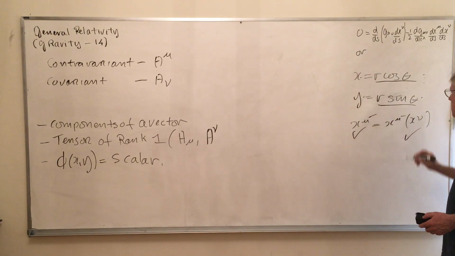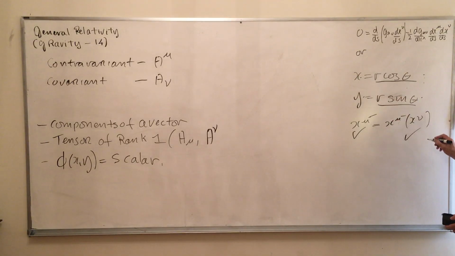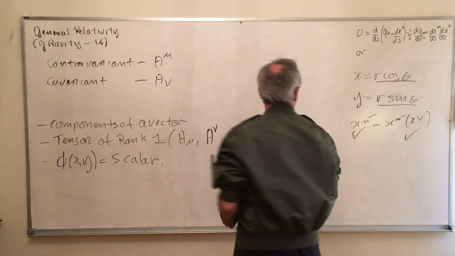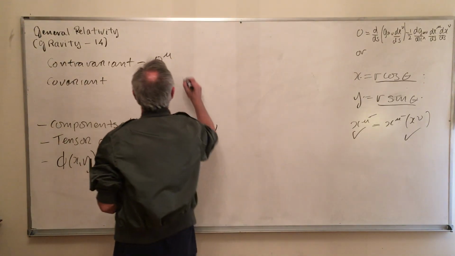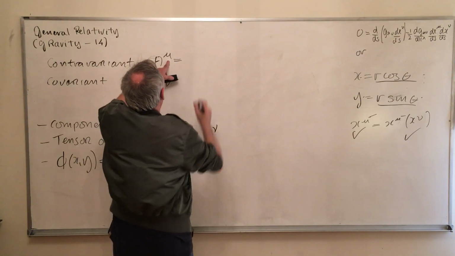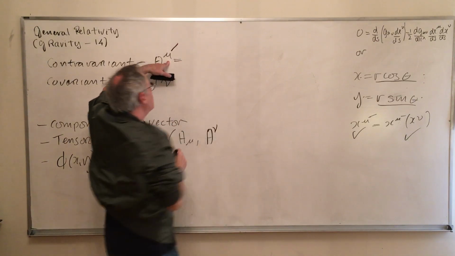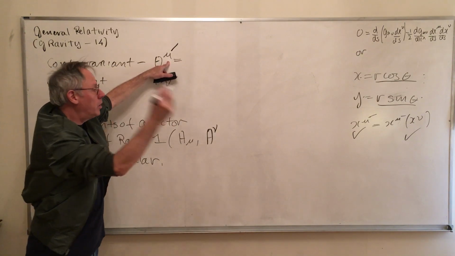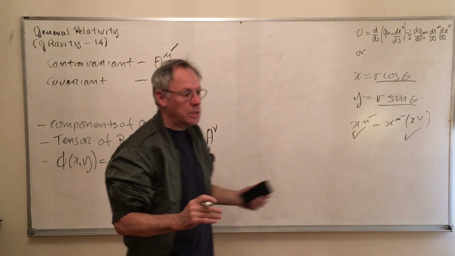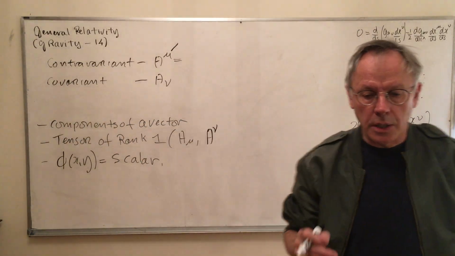And this is what the equation looks like in our notation. This is a specific case. All right, so then how the contravariant components transform under general coordinate transformations. That's what tensors are all about, by the way. General coordinate transformations.